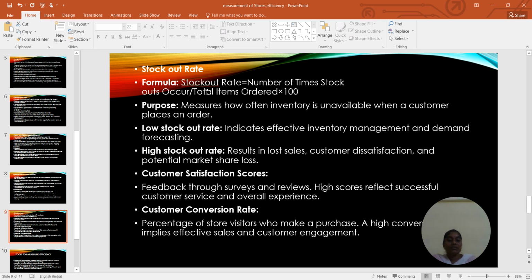We have to maintain this type of record, and when many visitors make purchases in the store, it leads to effective sales and we are also engaging the customers.